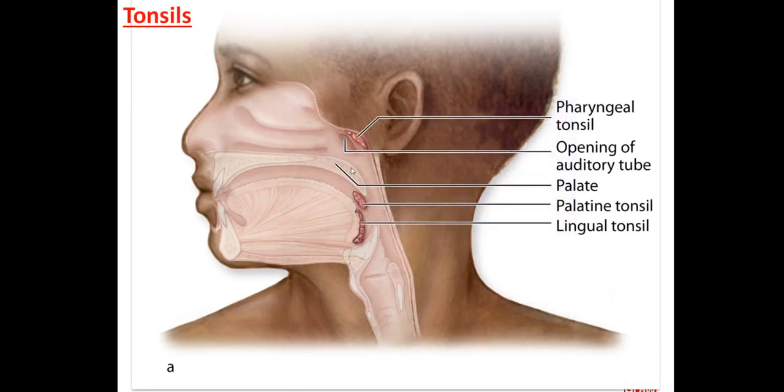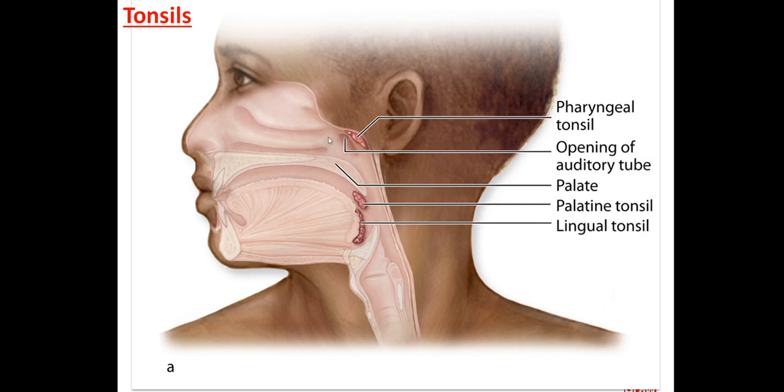Let's move to another organ, the tonsils. We have three types of tonsils. The pharyngeal tonsil is located in the posterior wall of the nasopharynx. Therefore, its lining epithelium is pseudostratified columnar epithelial tissue.